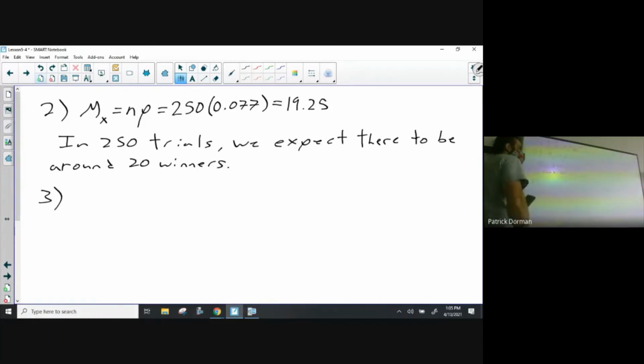Number 3 is asking us to calculate and interpret the standard deviation.